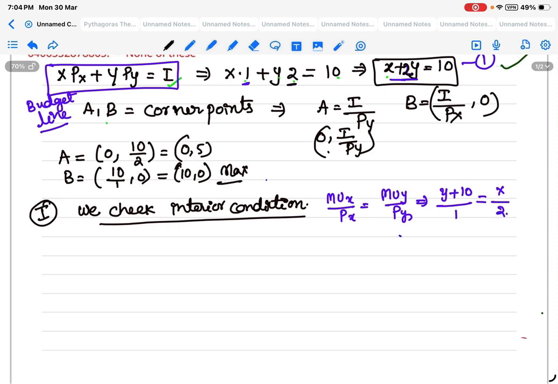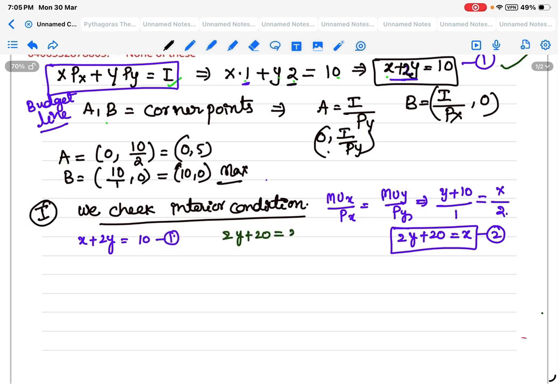So that is 2y plus 20 equals x. This is equation 2. And x plus 2y equals 10 is equation 1. If we solve these two equations, 2y plus 20 equals x, and minus 10 minus 2y equals x. If we add both, 4y plus 10 equals 0. That is y equals minus 10 by 4.